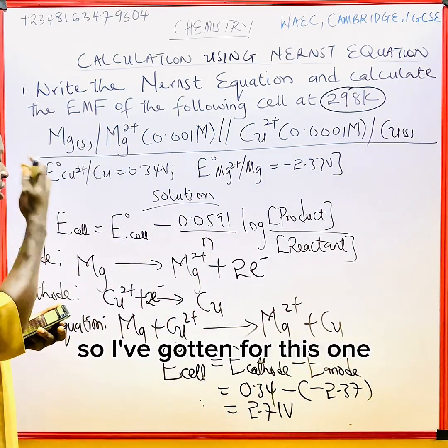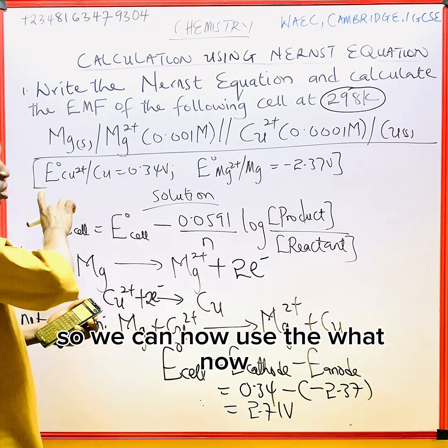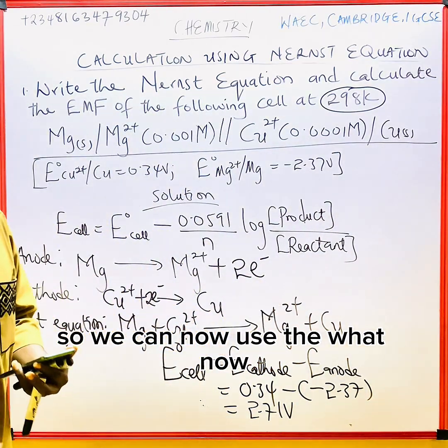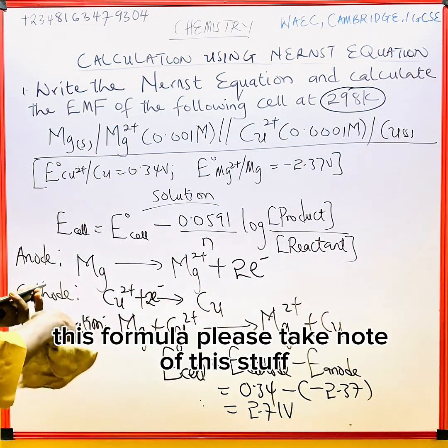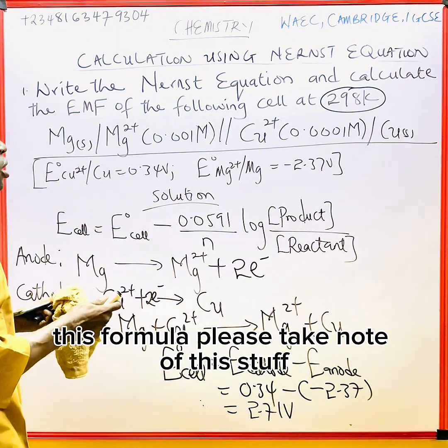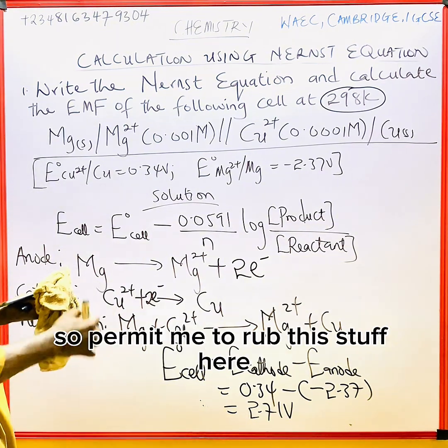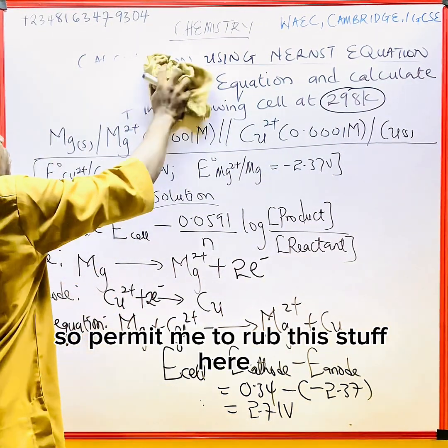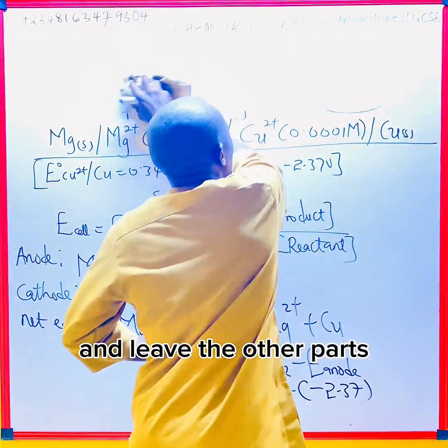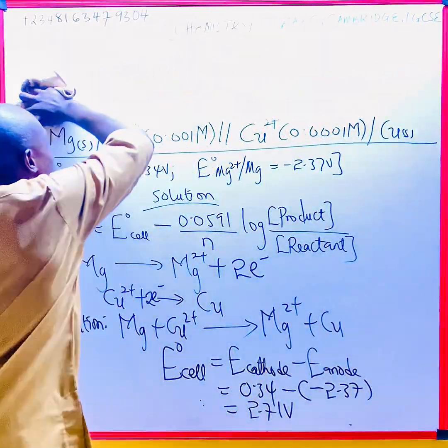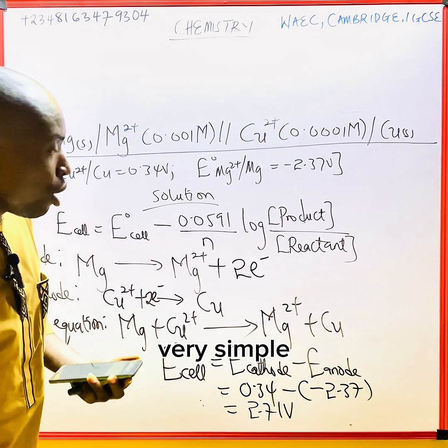So I've gotten this one, so we can now use this formula. Please take note of this. Permit me to rub the top here and leave the other parts. Very simple.